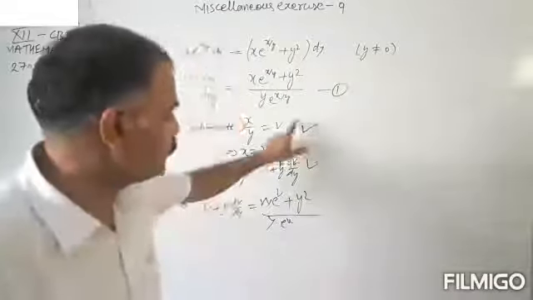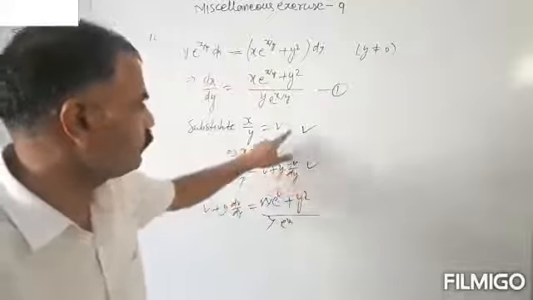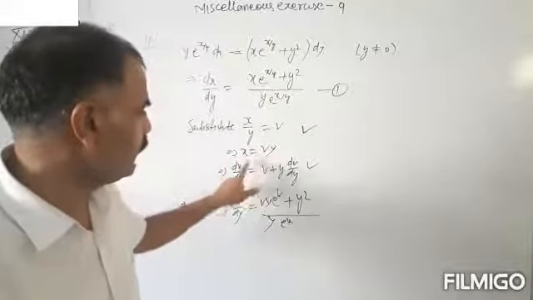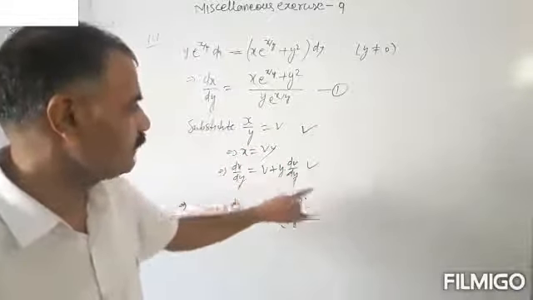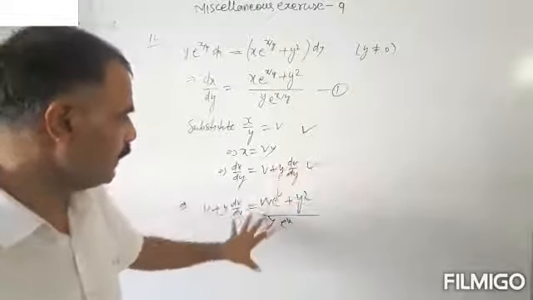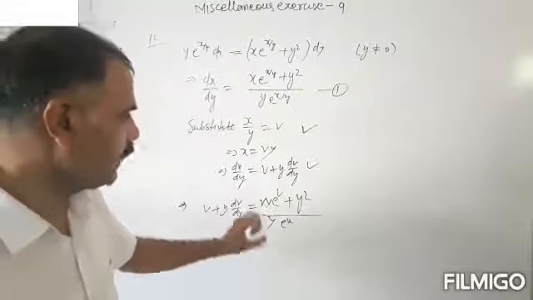So making these substitutions, x upon y equal to v, x equal to vy and dx upon dy equal to v plus y dv upon dy, we have this differential equation.